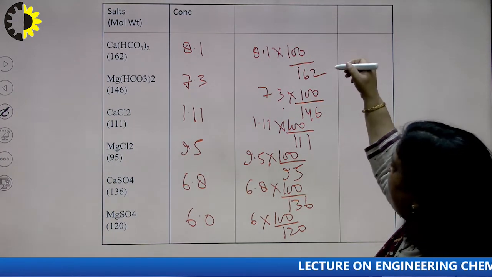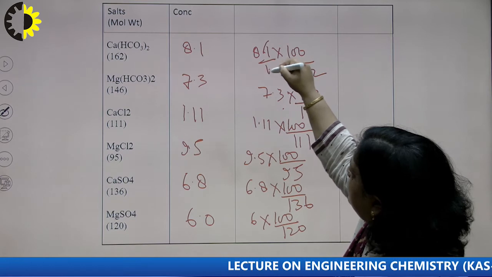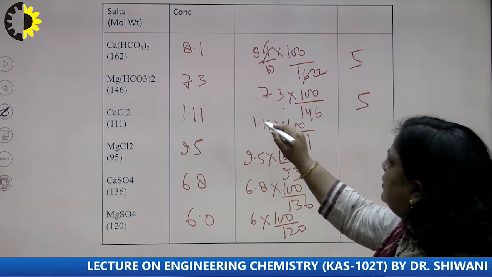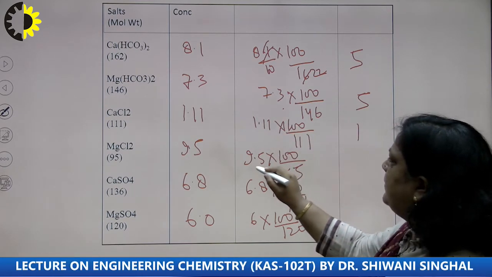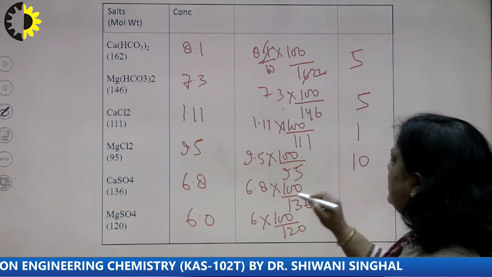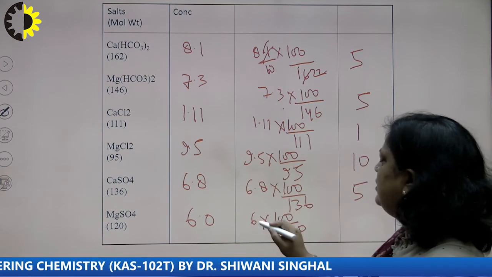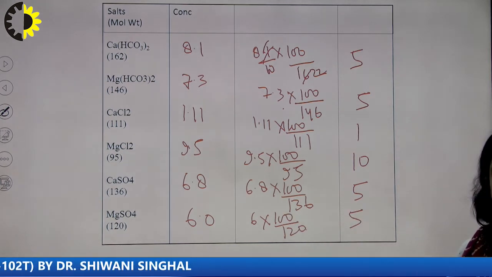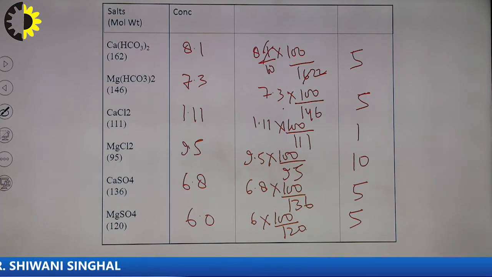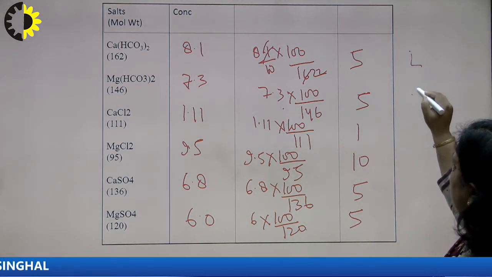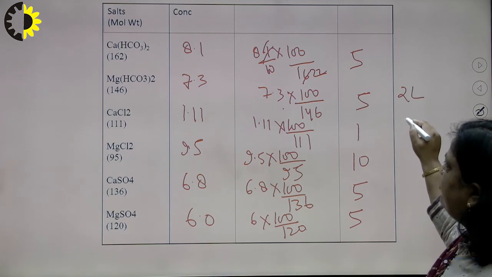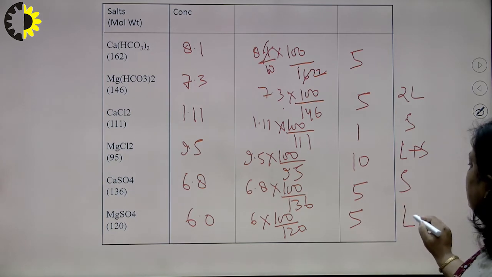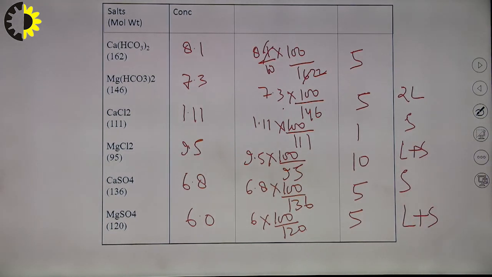So here we get 5, 10, 1, 10, 5, 5. So this is the value, and L, 2L, for calcium chloride S, for magnesium chloride L plus S, for calcium sulfate S, and this L plus S. So it is clear.